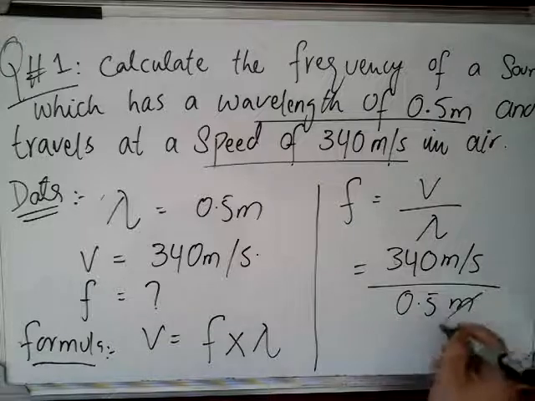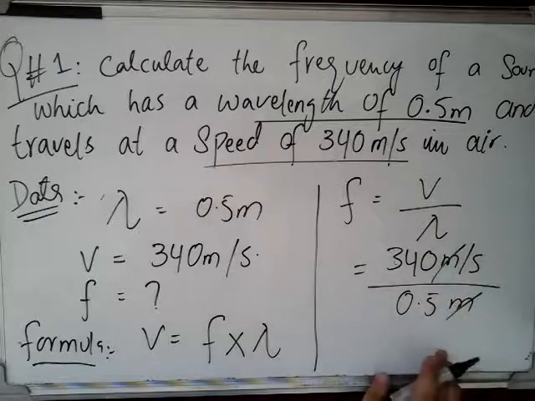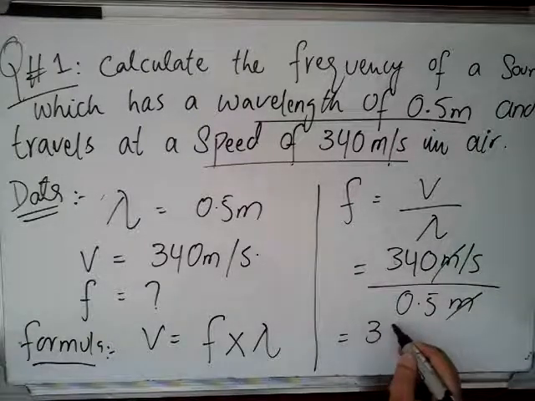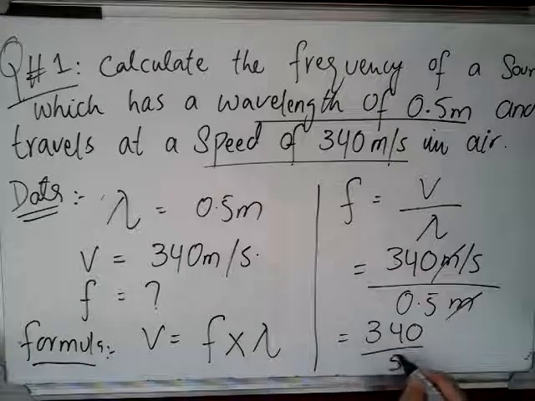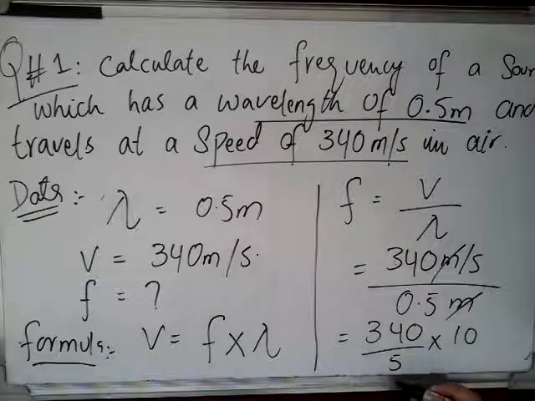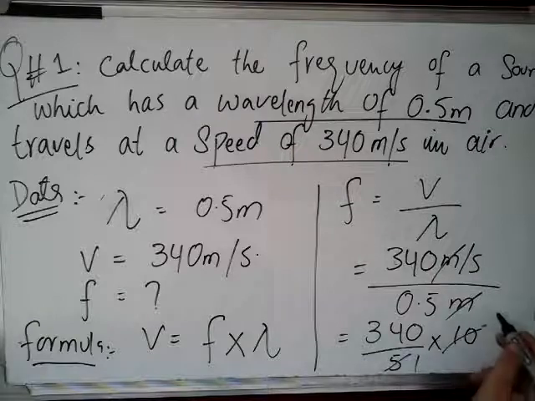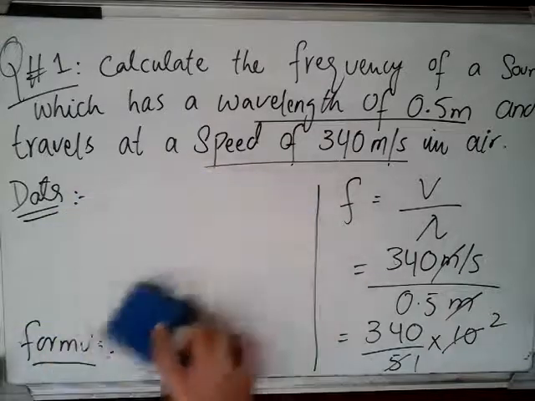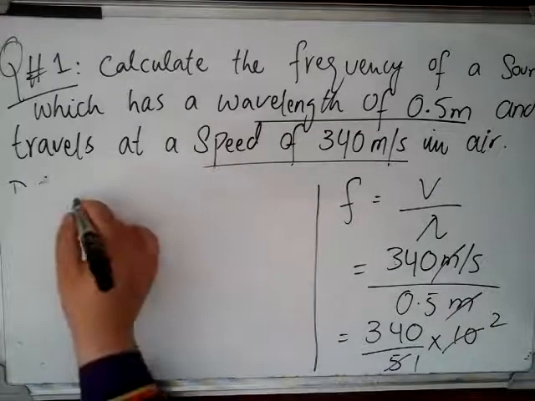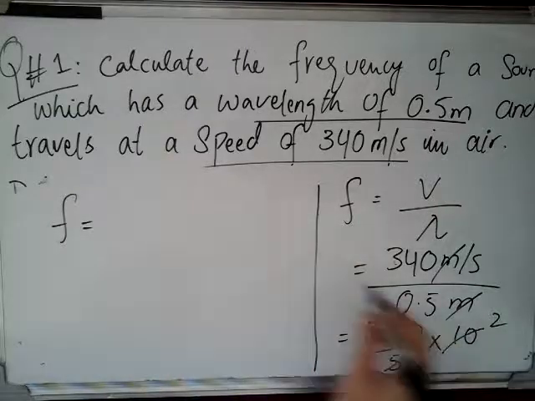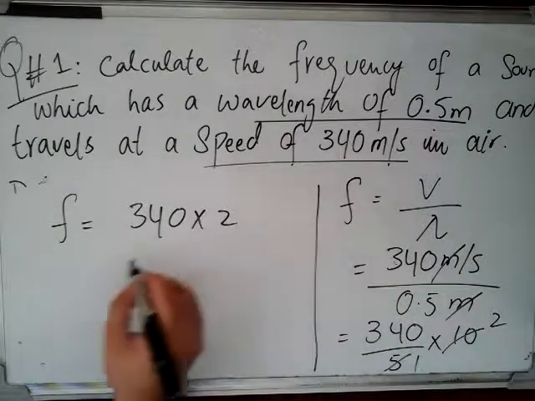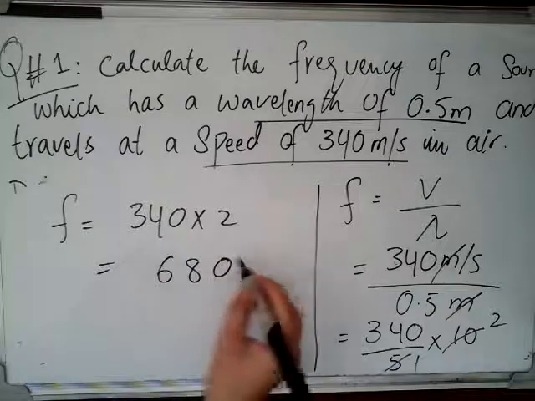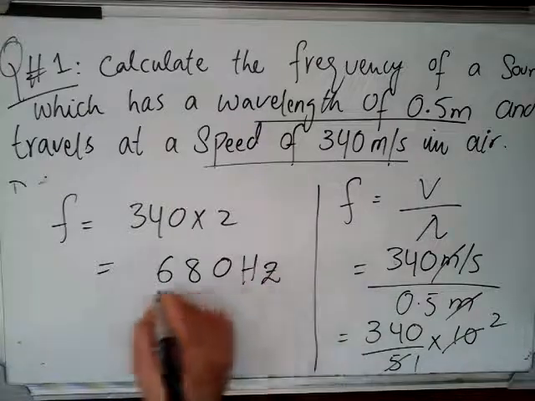So the unit meter will cancel, and we can also write this as 340 divided by 5 multiplied by 10. So the frequency would be 340 multiplied by 2, which is 680 hertz.